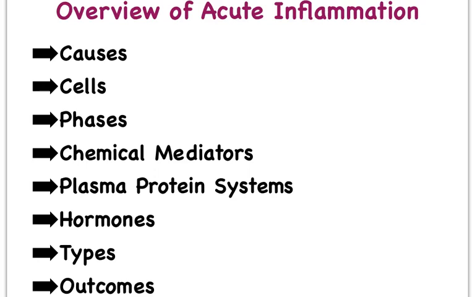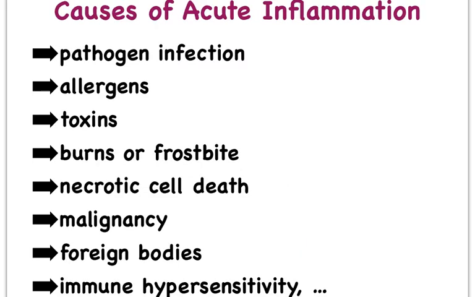As well, in this presentation, we will talk about the two major phases that are involved in acute inflammation. There's a vascular phase and then there's a cellular phase. In the next videos, we will talk about the remainder of these items listed here.